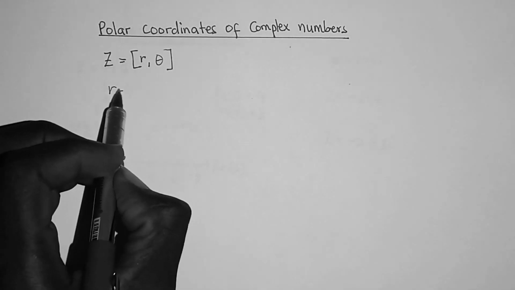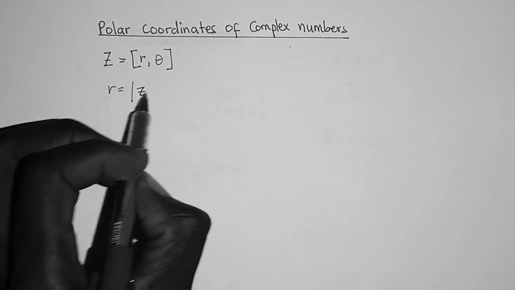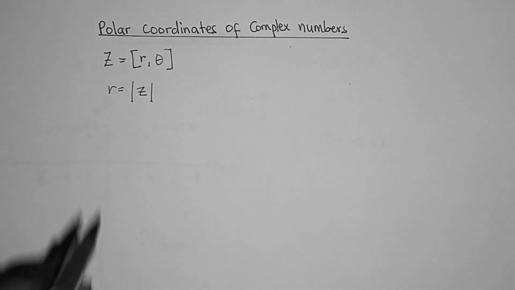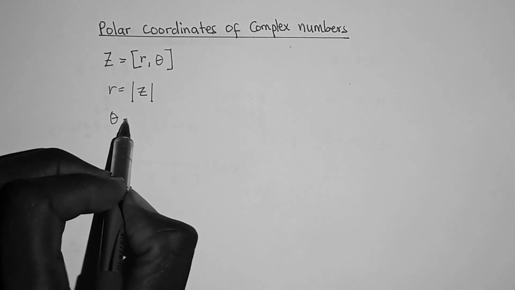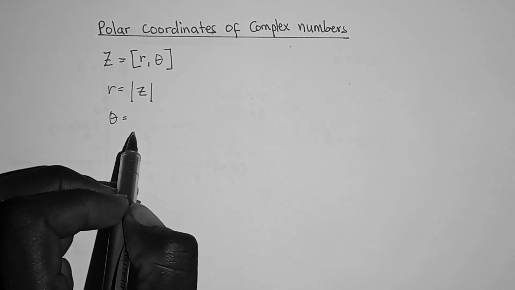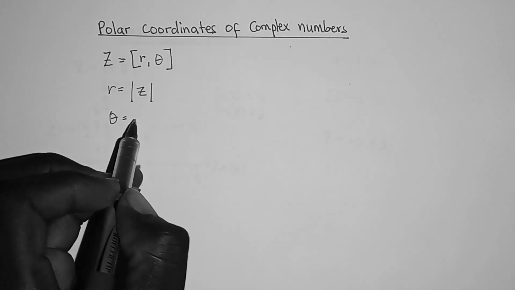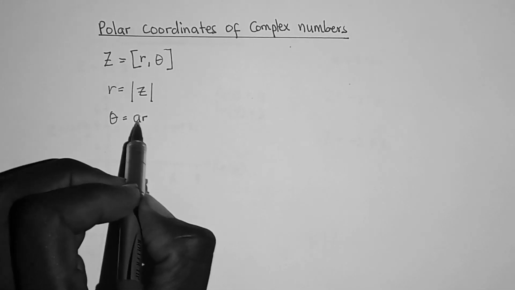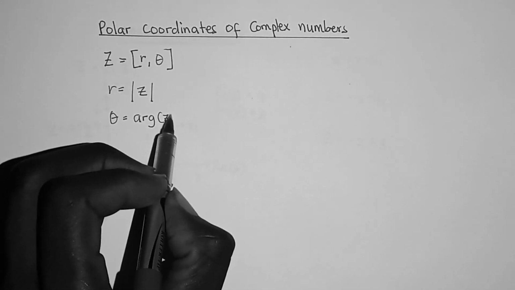Now, r is giving us the magnitude of the complex number z, and theta is the argument, or the angle that it makes with the real axis. In this case, it is represented as argument of z.